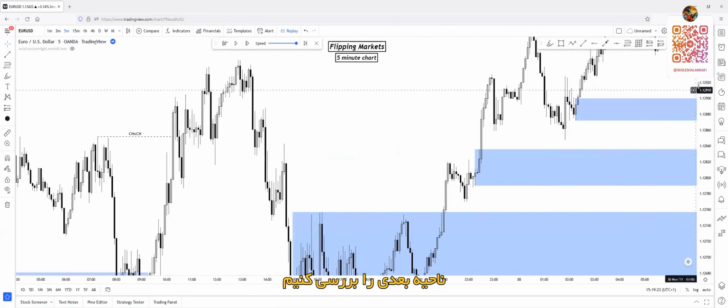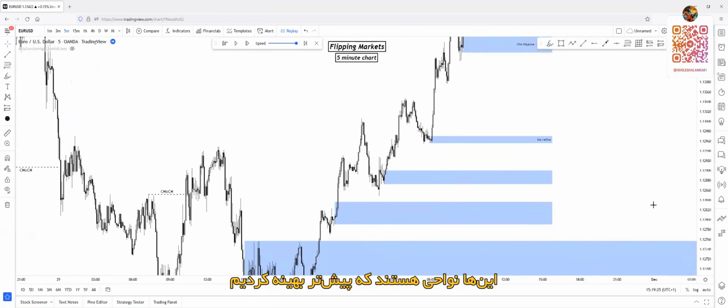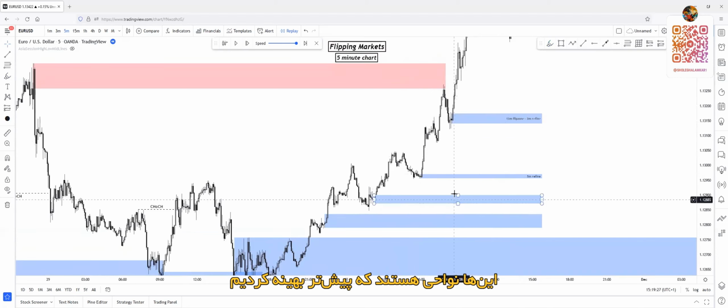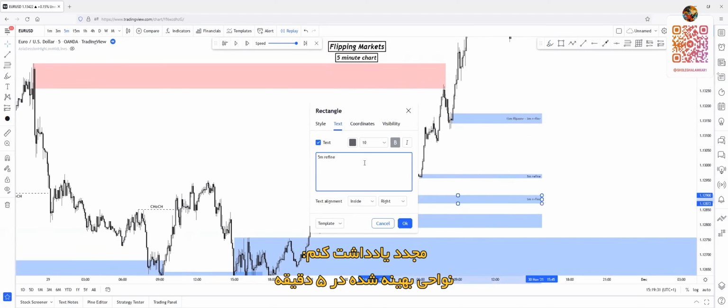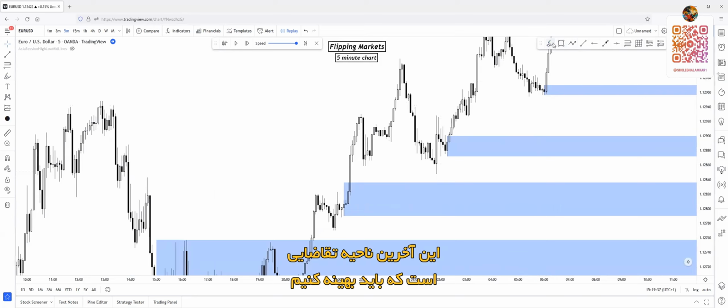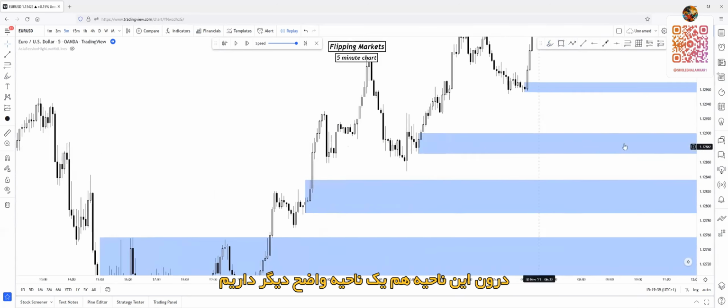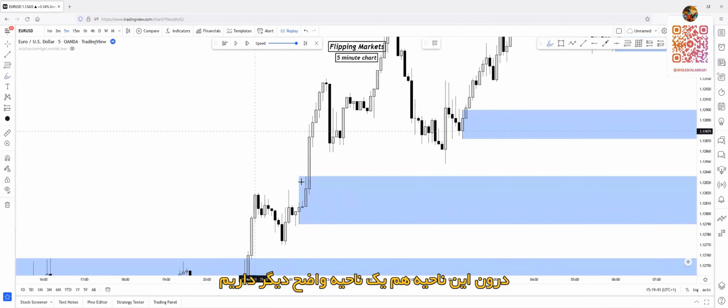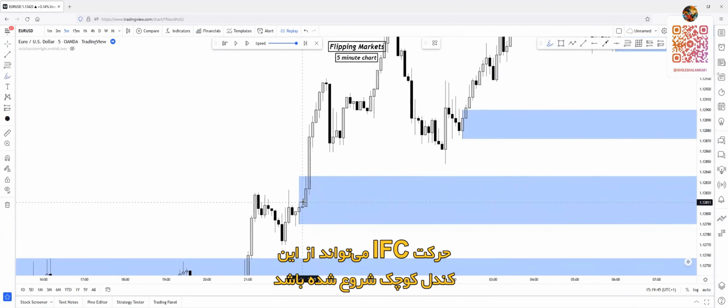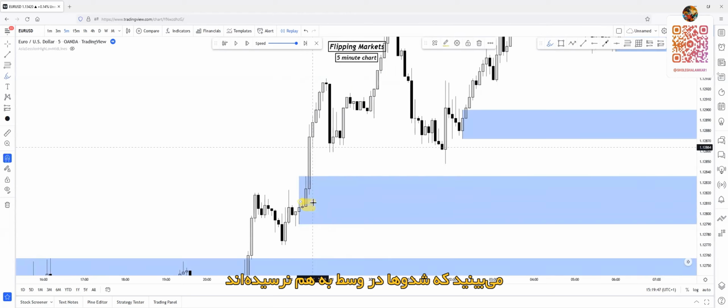Okay, let's see the next one. As you can see, I will just zoom out first. So these are the refines that we just did recently. I will just type 5-minute refine again here. And as you can see, this is the last 15-minute zone that we have to refine. And inside of this zone, we will have a clear zone again. So the inefficient push started from maybe this small candle. As you can see, the wicks don't meet in the middle.